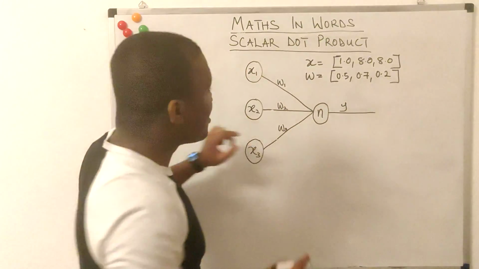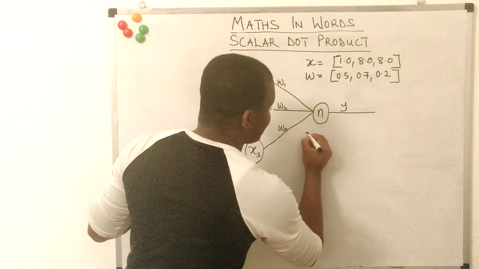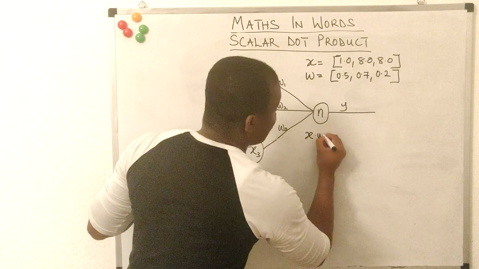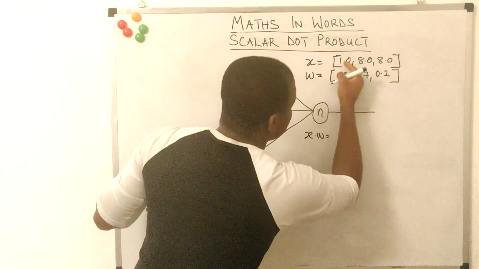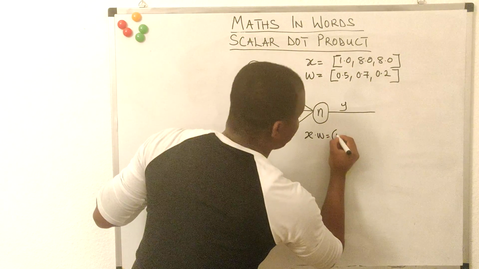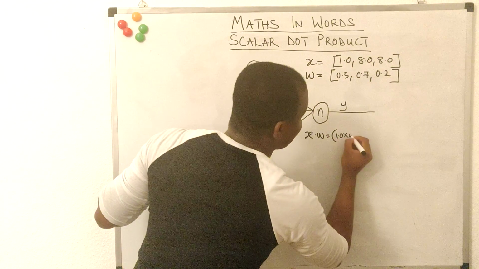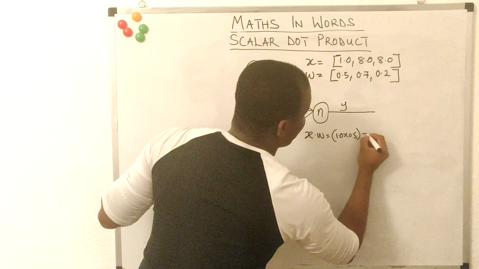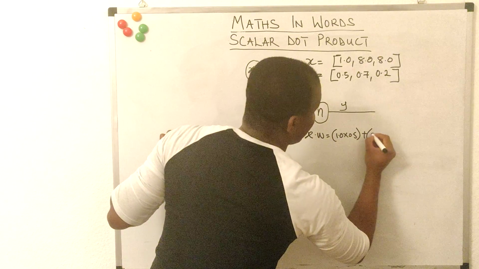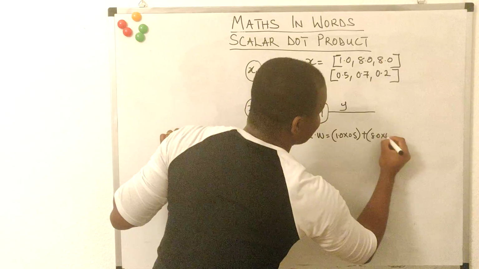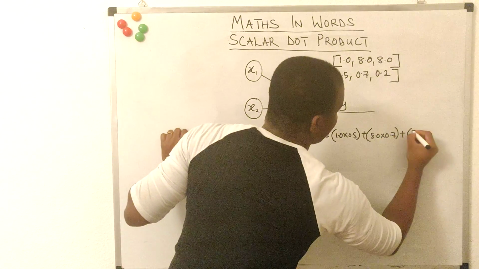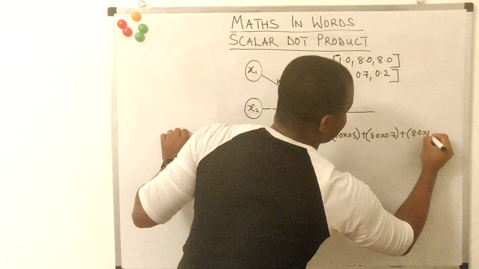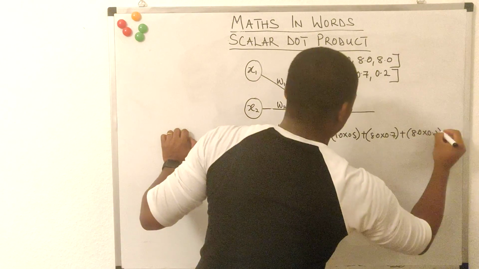So as you can see from here, x dot w is going to be equal to 1.0 times 0.5 plus 8.0 times 0.7 plus 8.0 times 0.2.